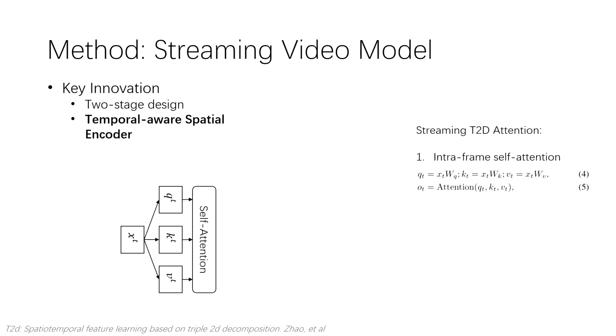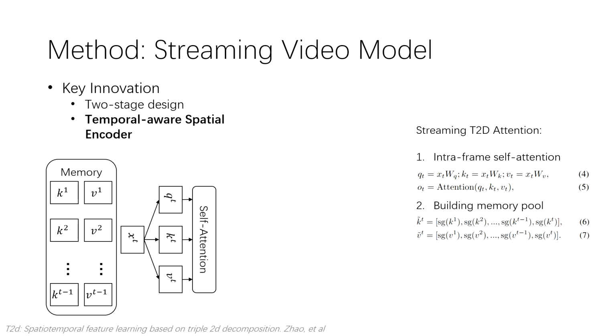The second significant innovation in the streaming video model is the temporal-aware spatial encoder, achieved via streaming T2D attention. Given an input feature x_t, the streaming T2D attention first calculates the standard intraframe self-attention within each frame. Subsequently, we maintain a memory pool to store historical information. During each frame's forward process, we incorporate the keys and values from the self-attention into this memory pool.